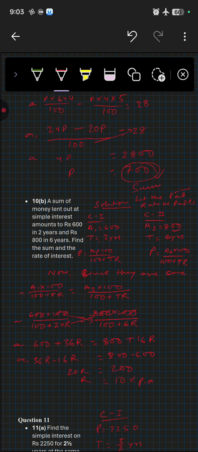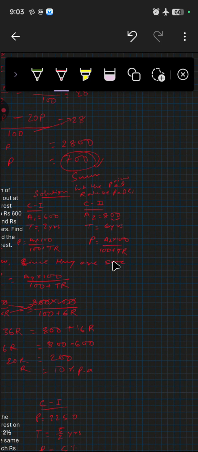Now after finding out the rate, we have to find out the sum, the principal. So to get the principal, it's very easy. You can use any one of these. Again, principal is equal to amount into 100 by 100 plus TR. Now I know the amount, in this case 800 into 100 by 100 plus time, in this case time is 6 years, and the rate we have just now found, what is that? 10.